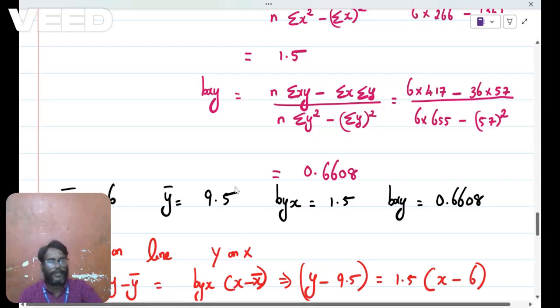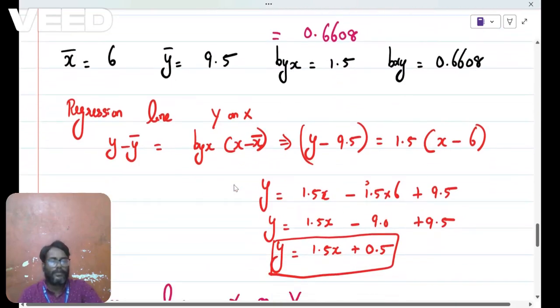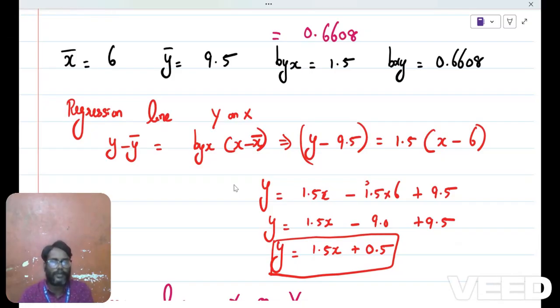Once we know x bar, y bar and the two regression coefficients, then we are able to fix the regression lines. Here x bar is 6 and y bar is 9.5, b of yx is 1.5 and b of xy is 0.6608. So using this we are going to find the regression lines.